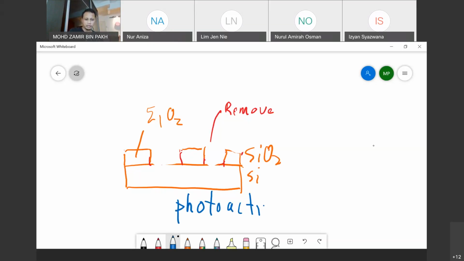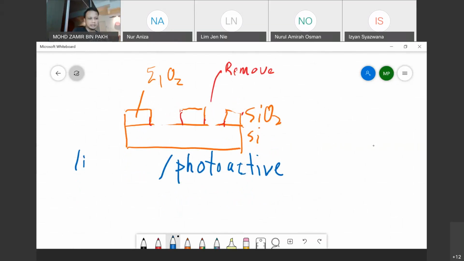Apa maksud photoactive? It has to be responding to the light. Okay, dia kena light sensitive. It has to be a light sensitive compound.